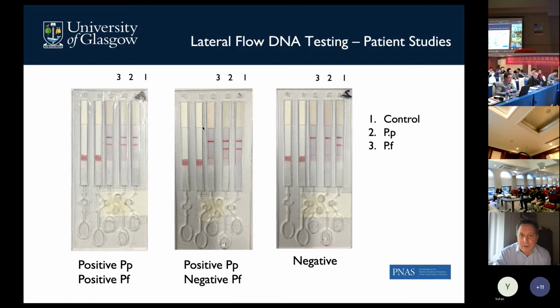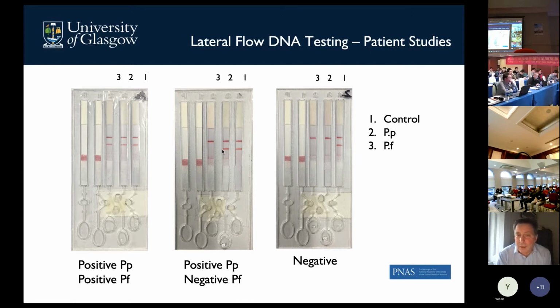And here we have different combinations where, for example, on the right-hand side, there are no Plasmodium malarial parasites present. And on the middle one here, we actually have no Falciparum, but we do have Plasmodium pan present. So we're able to get quite detailed information about the nature of the disease within the individual.